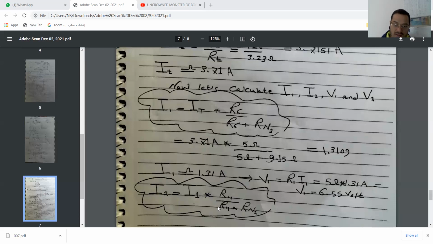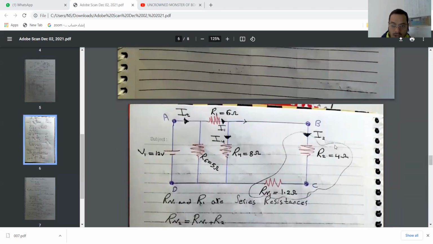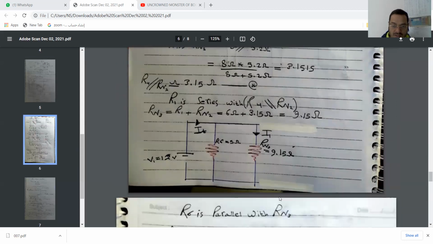Let's take a look again at the relation between I2, I1, R4, Rn2.